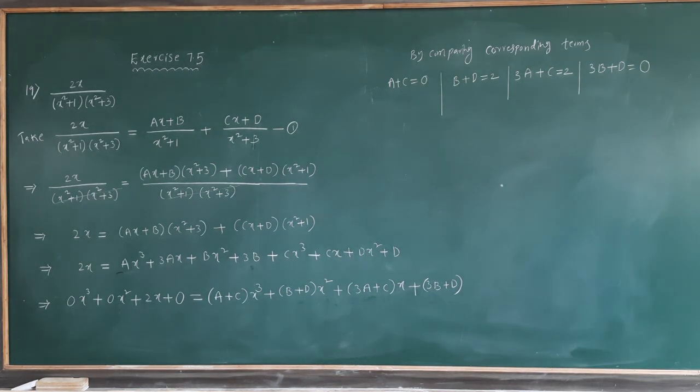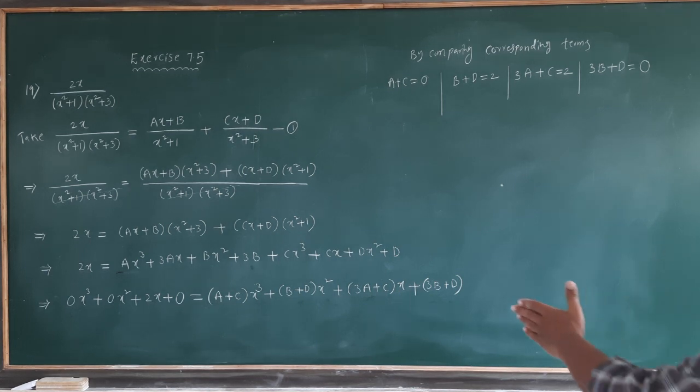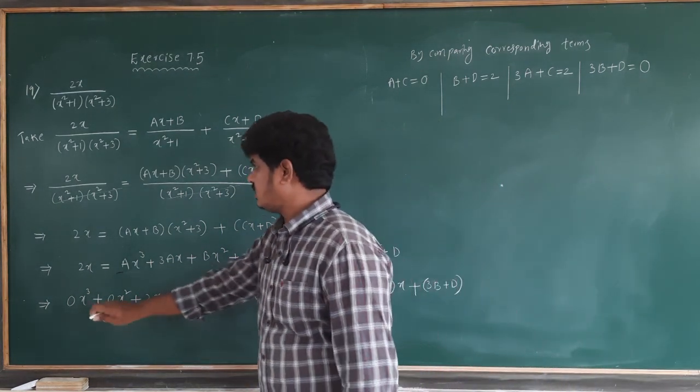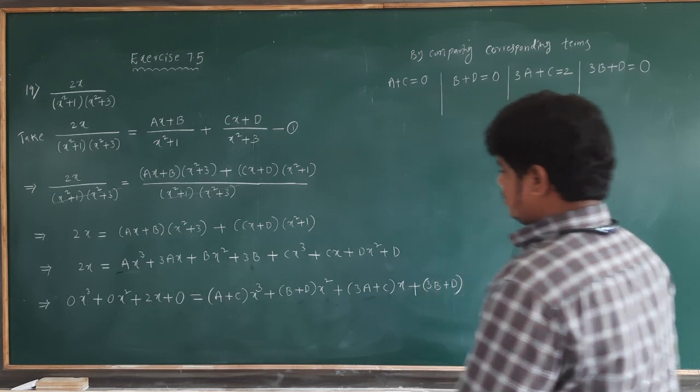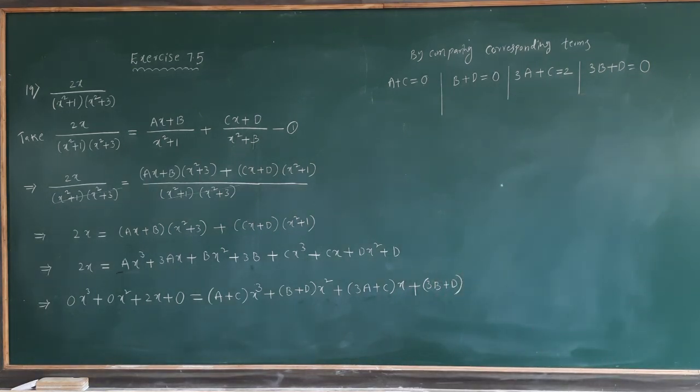We see that for the x cube coefficient, left side 0, right side a plus c. For the x square coefficient, left side 0, right side b plus d. Next, for the x coefficient, left side 2, right side 3a plus c, and for constant terms, left side 0, right side 3b plus d.